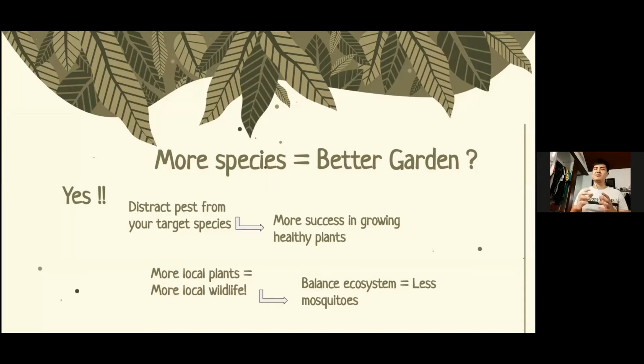This might encourage mosquitoes to grow. But if you have a proper ecosystem set up in your place, maybe there will be fewer mosquitoes, because you have a lot of dragonflies that help reduce them, or you might introduce fishes to help eat up the mosquito larvae. So it's more balanced in that way.